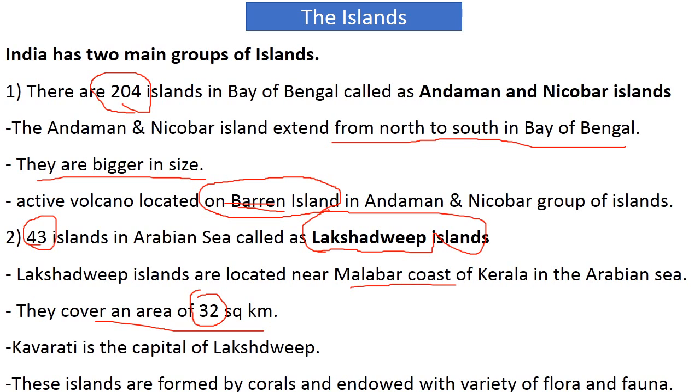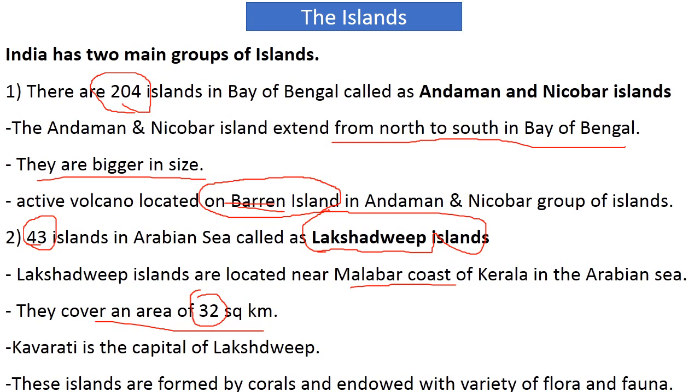Then Indian islands are mostly divided into two parts. First are those located in the Bay of Bengal and another those located in the Arabian Sea. First we are going to focus upon the Andaman and Nicobar Islands, located in the Bay of Bengal. There are 204 islands in Andaman and Nicobar.